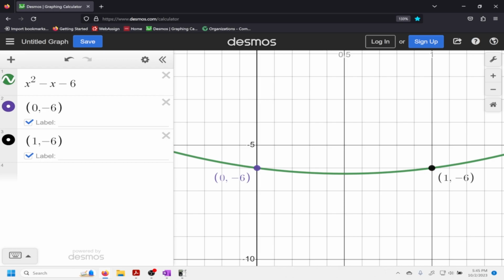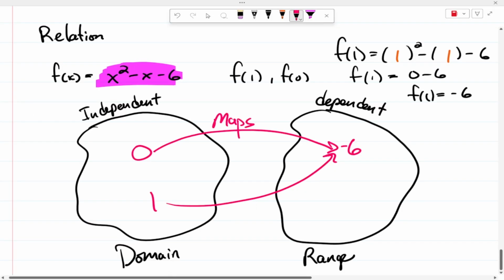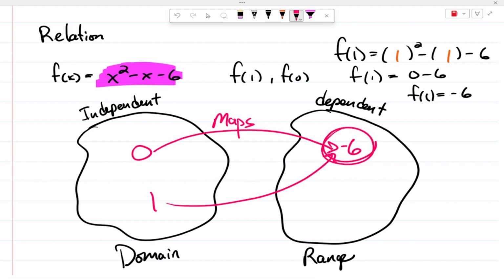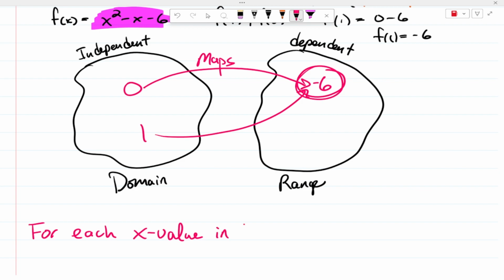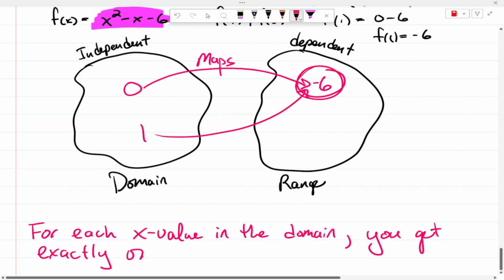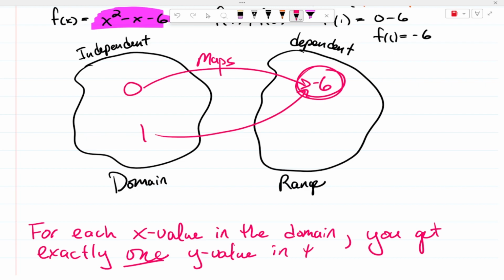And let us go back to Desmos, because I know what you're thinking. You're thinking, wait a minute, they both point to the same value. That is okay. The reason? For each x value in the domain, you get exactly one y value in the range.